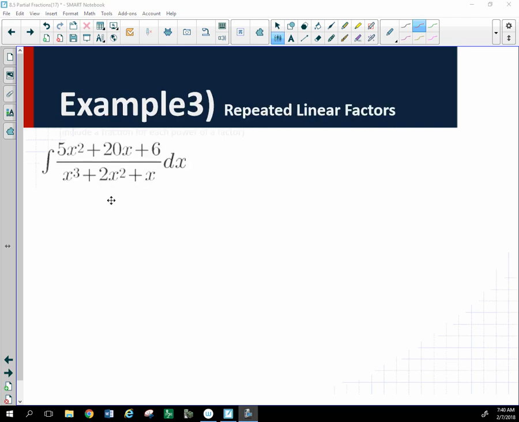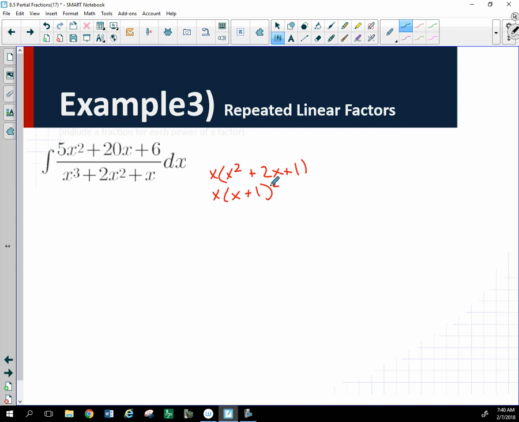So in this next example, we're going to have some repeated linear factors. This is just the method that we end up doing to go through and solve these problems. It's kind of weird, but I'm going to go ahead and factor the denominator. So I get x times x squared plus 2x plus 1. And I can still factor this, and it factors out to be x plus 1 squared.